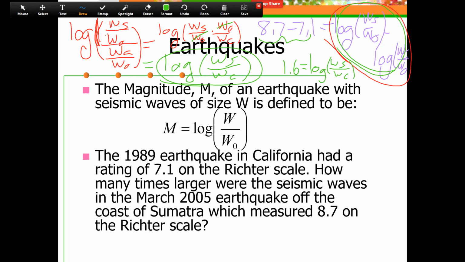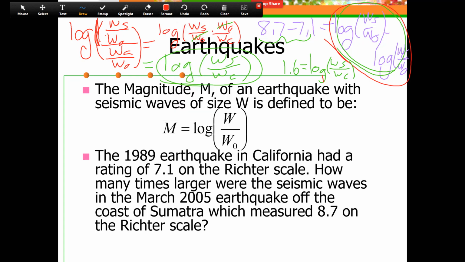Now we want to know what WS divided by WC is because that will tell us how many times larger the other one is. It doesn't seem like 8.7 is very much larger than 7.1, but in terms of magnitude and how big that earthquake really is compared to the 7.1, which is still a big one, there's a huge difference, and you'll see why in a minute. It's because this log is base 10.